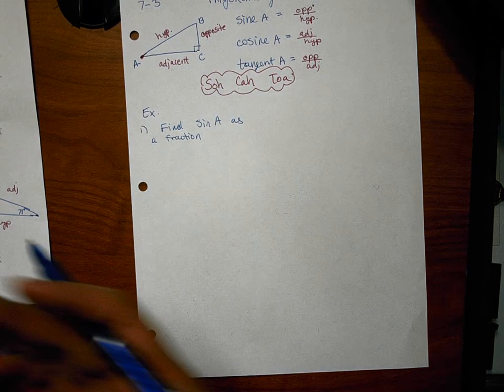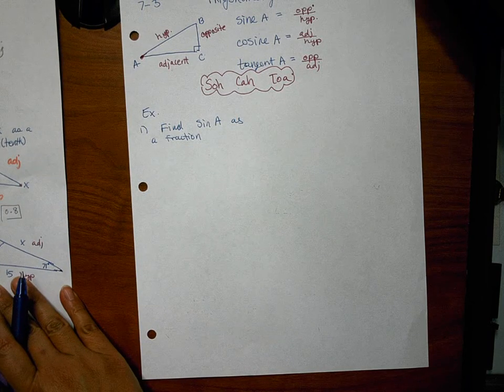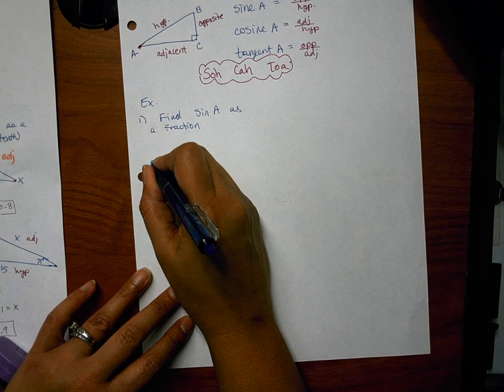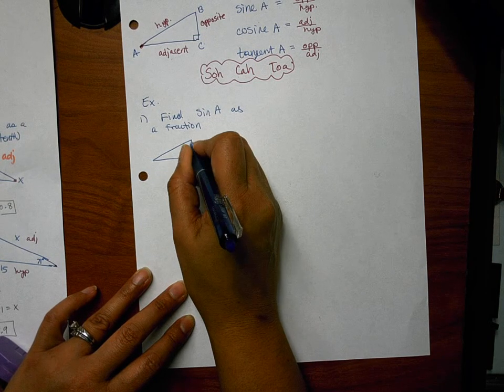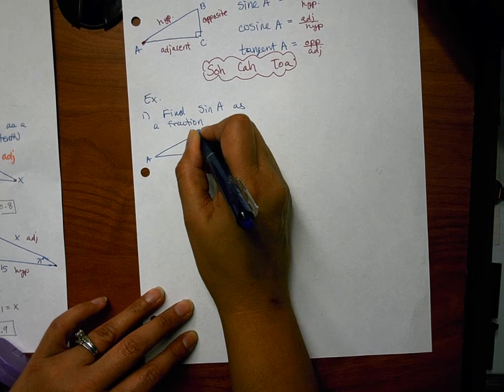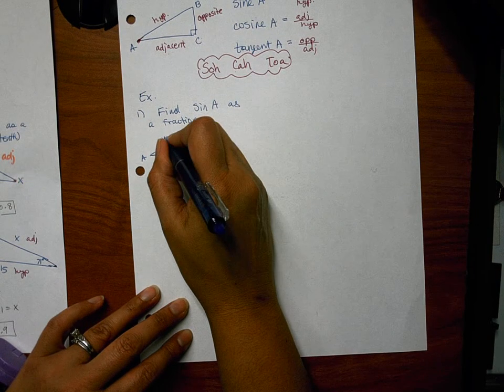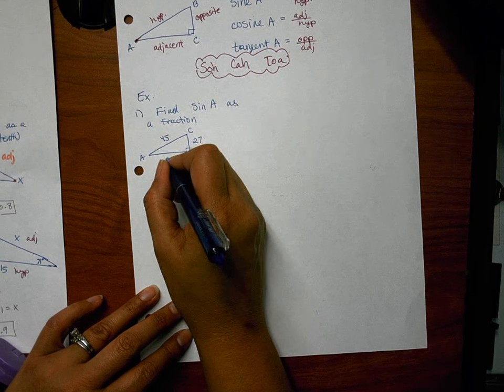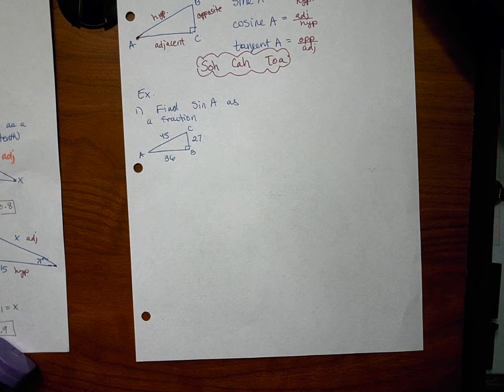If you don't have one, you can use your phone for now, but in class we will be using the scientific calculators. All right, so let's draw our right triangle. I'm going to label this one A, B, C. Hypotenuse is 45, CB is 27, and AB is 36. Those sides will be given to you.